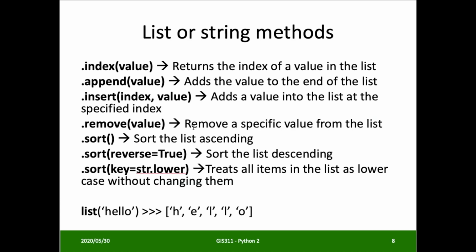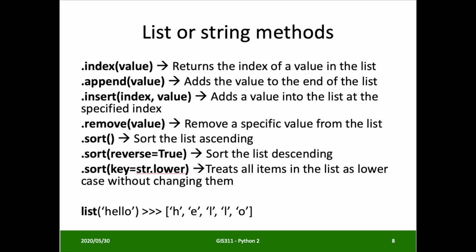Okay, there are a couple of functions in Python specifically to enable you to use lists and strings. The first one is .index with a value. This returns the value at that specific index, similar to what we did now. Then append value, if you want to add something on. If we took our color list and wanted to add maroon, we would use append.